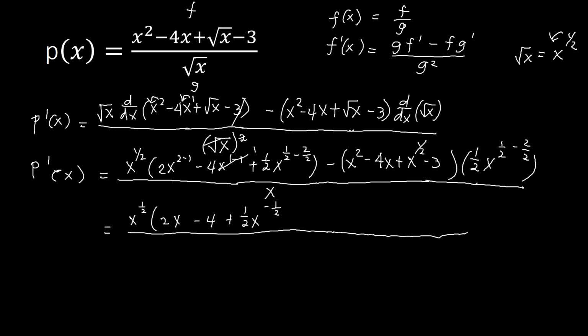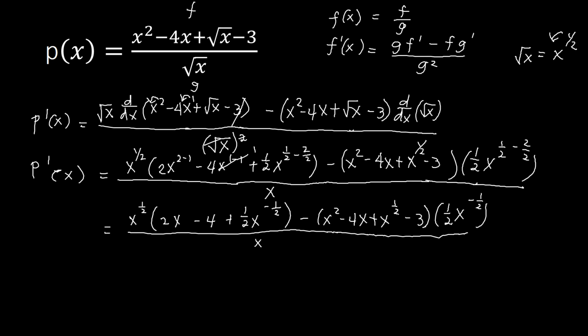And then we have minus x to the power of 2 minus 4x plus x to the power of 1/2 minus 3 times 1/2 times x to the power of 1 minus 2, that's negative 1 over 2. And then over x.